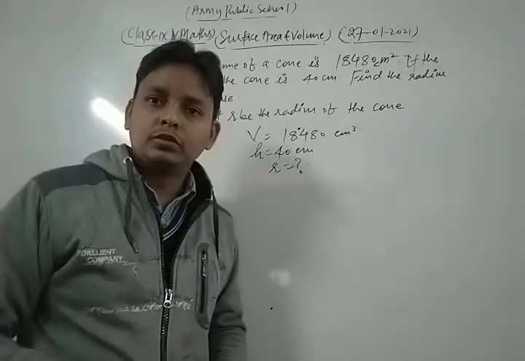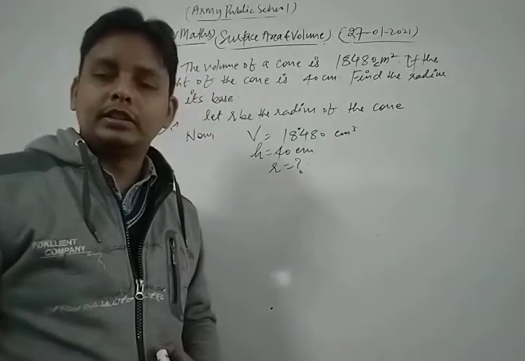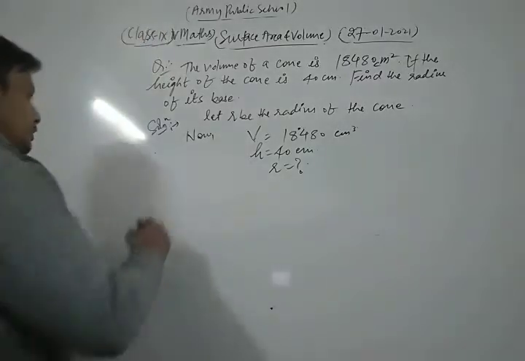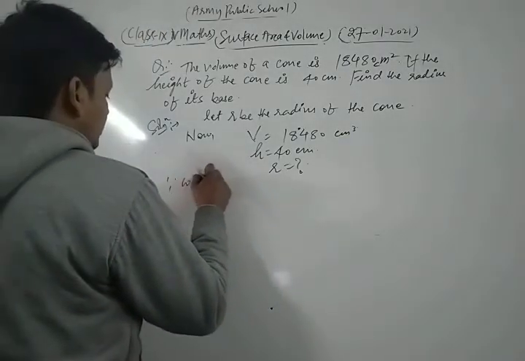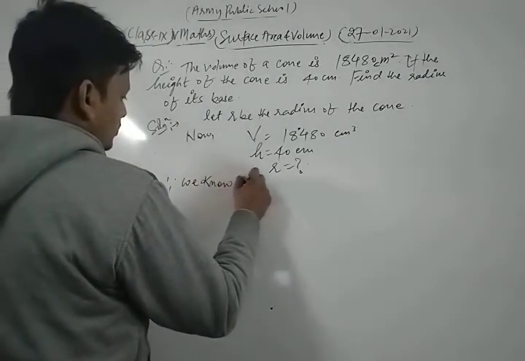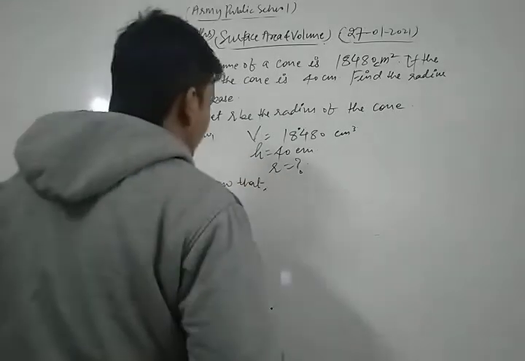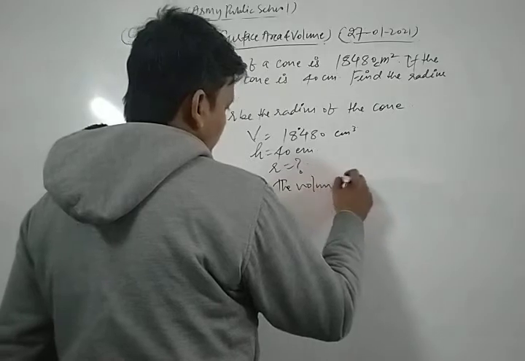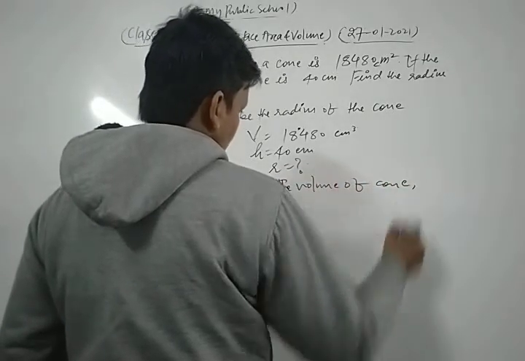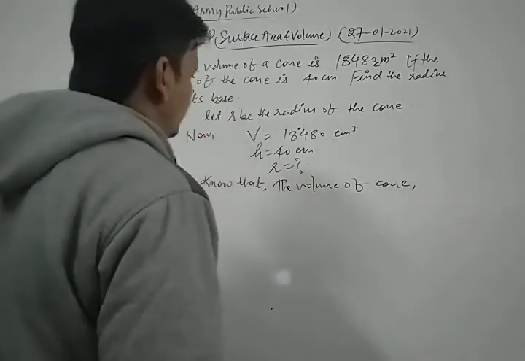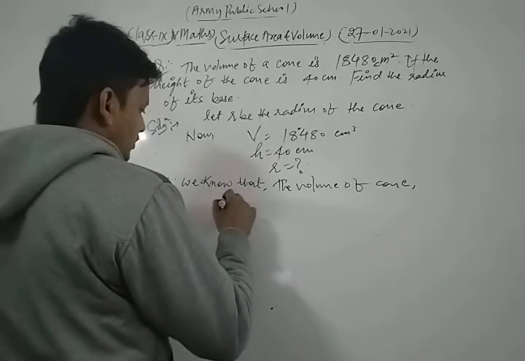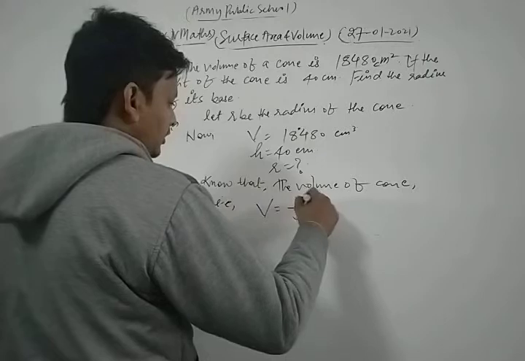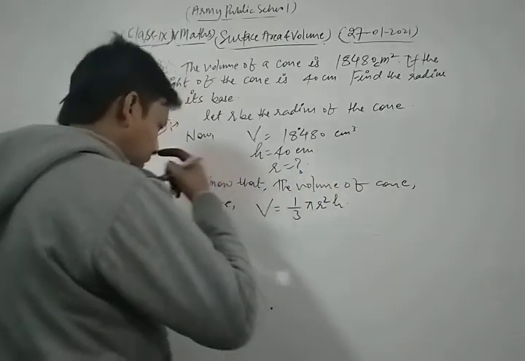Dear students, now we just apply the formula for its volume. Since we know that the volume of cone, that is V, is 1/3 pi r square h.